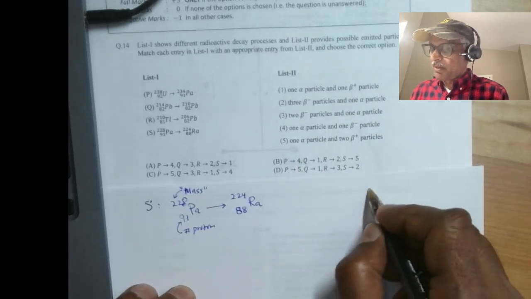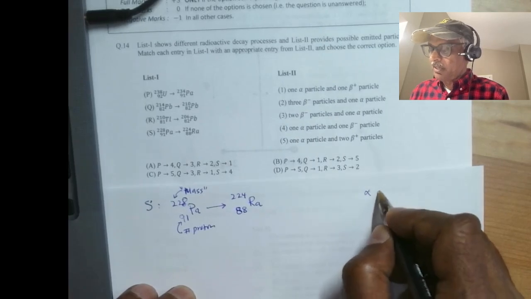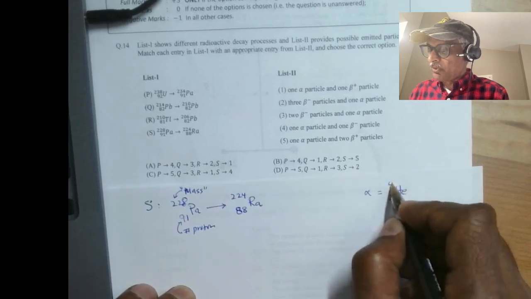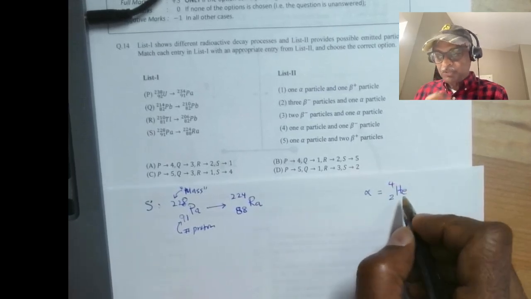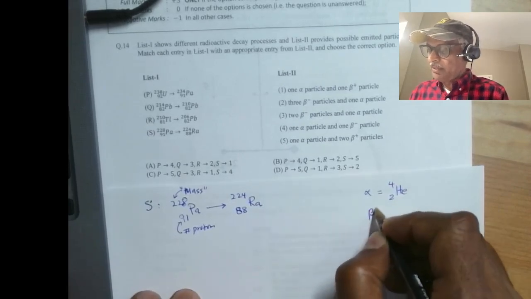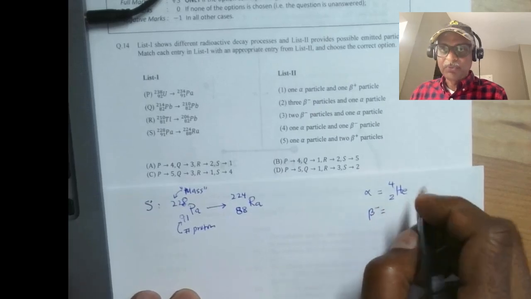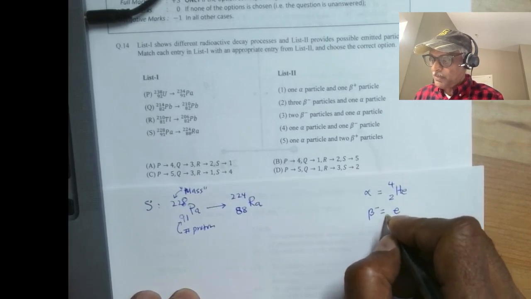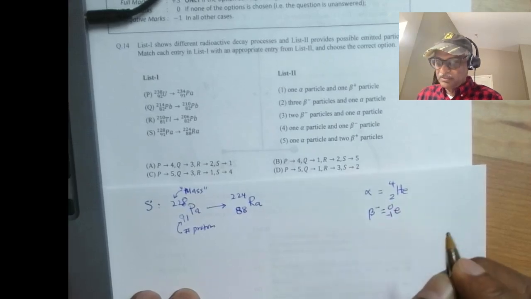An alpha particle is equal to 2He4, so this is a helium nucleus, and beta minus is another name for electron. So this is going to be -1 charge and 0 mass.